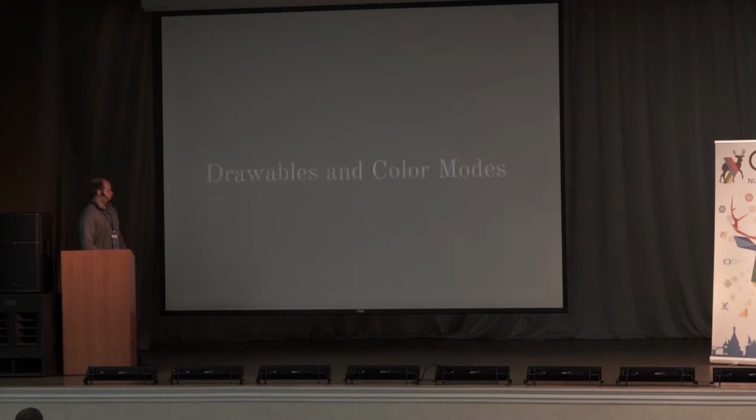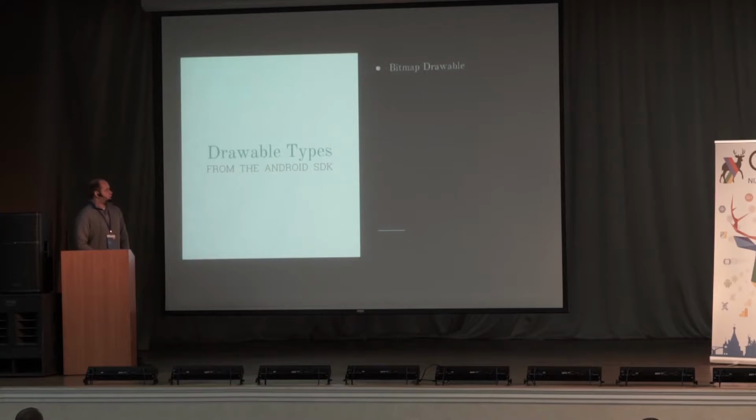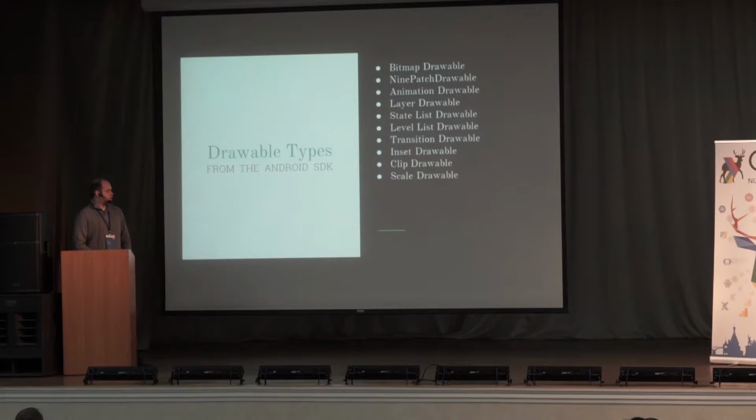So let's go over what drawables we have in the SDK. There are a lot of them, and obviously the app compat variants of all of these. So they did a lot of work developing the drawables. It seems like ages ago, but the first bitmap drawable had a bug where when you loaded an image over, I don't know, something over 100 kilobytes, your app crashes.